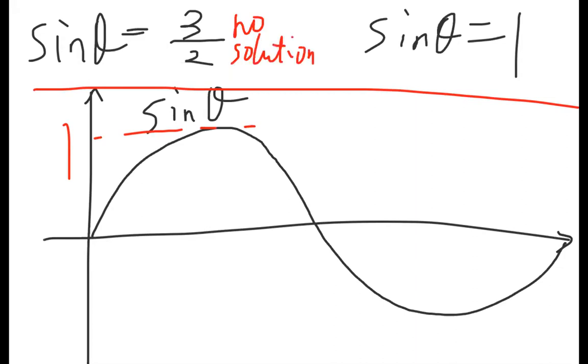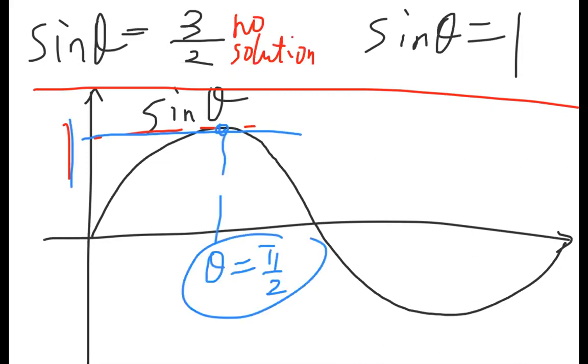And sine theta is equal to 1 is when theta is equal to pi over 2. So this is the solution for sine theta is equal to 1.